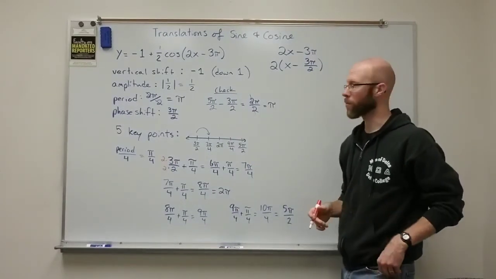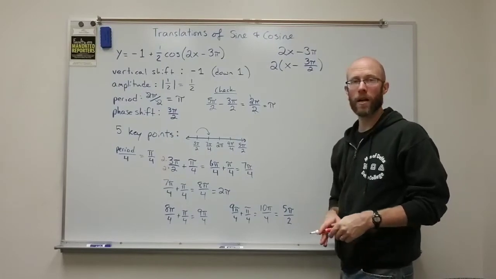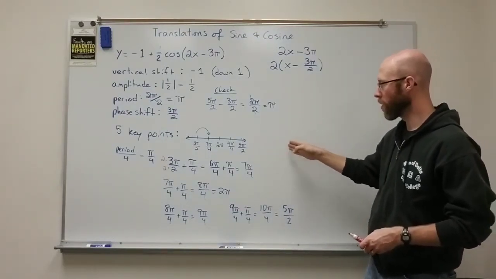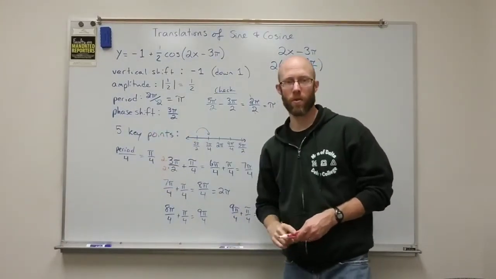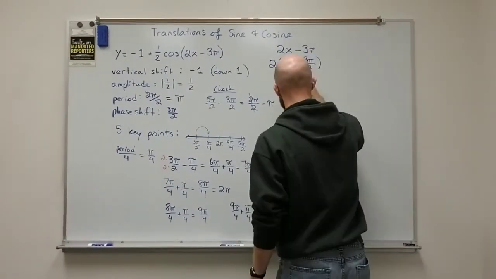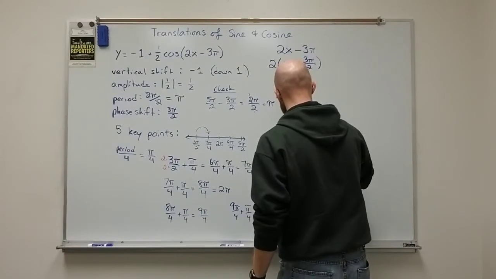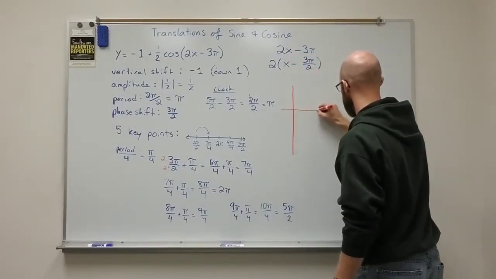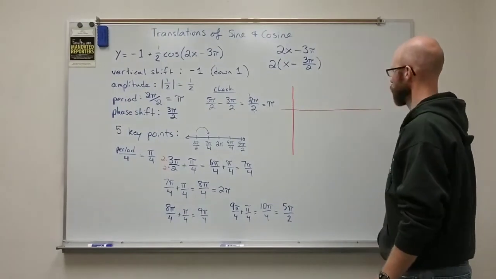I'm only going to do 1 period, but again, if you needed more periods, you can just keep adding the pi over 4 or subtracting the pi over 4 to get those. So here's my y-axis, and we'll get the x-axis in as well.